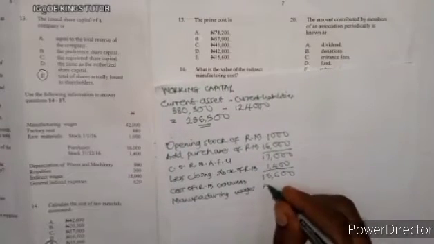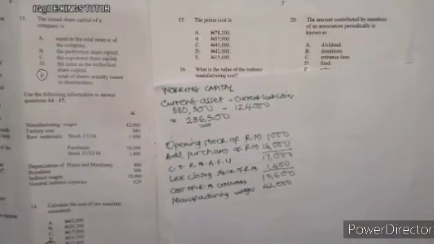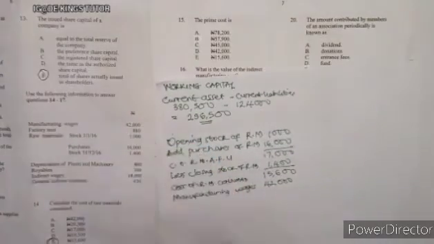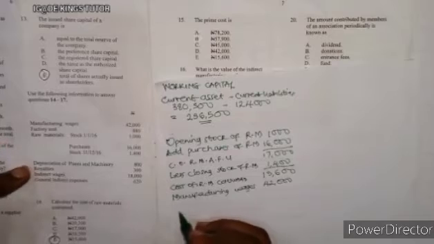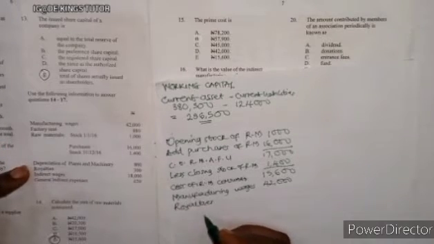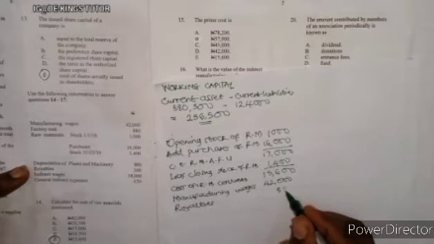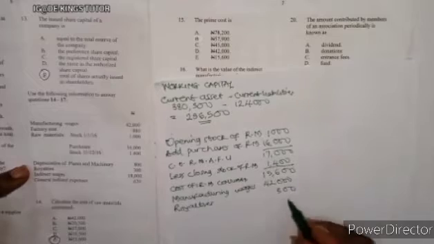How much is it? 42,000. Another direct expense here is royalties, which is 300. No other direct expenses.